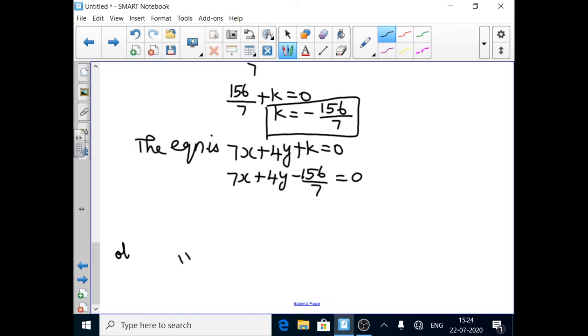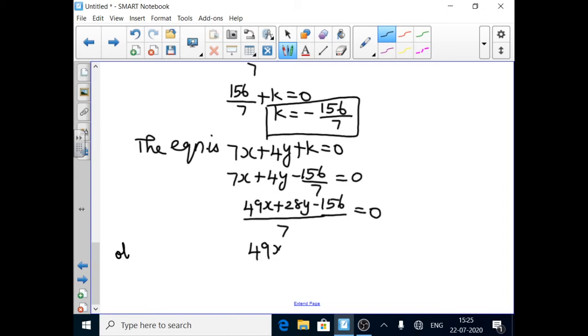Cross multiply by 7. That is, take LCM as 7. 7 times 7x is 49x, 7 times 4y is 28y, minus 156 equal to 0. Bring the 7 to the other side.